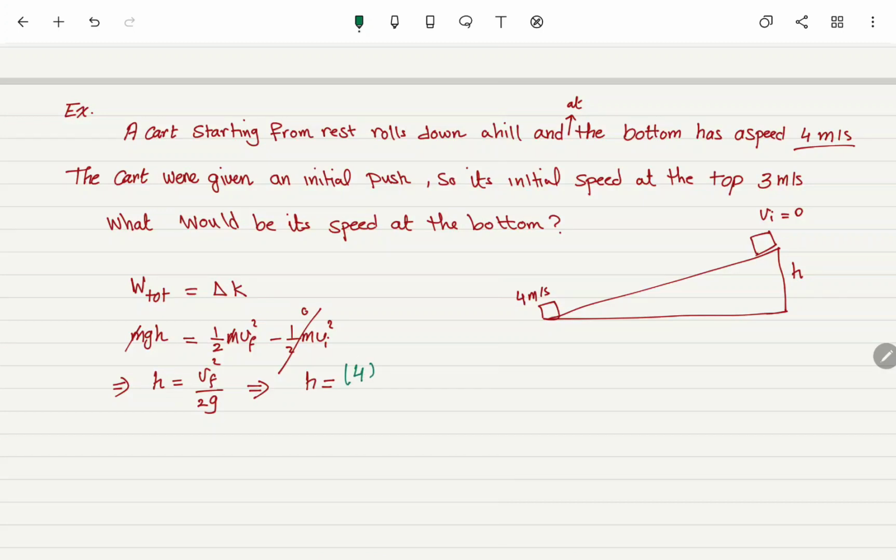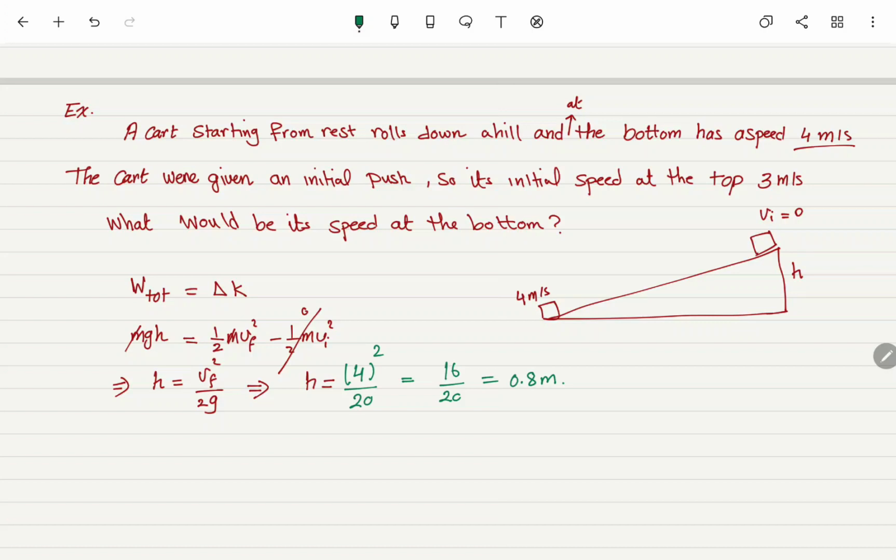So 4 squared divided by 2g, which is 20, so 16 over 20, which equals 0.8 meters.